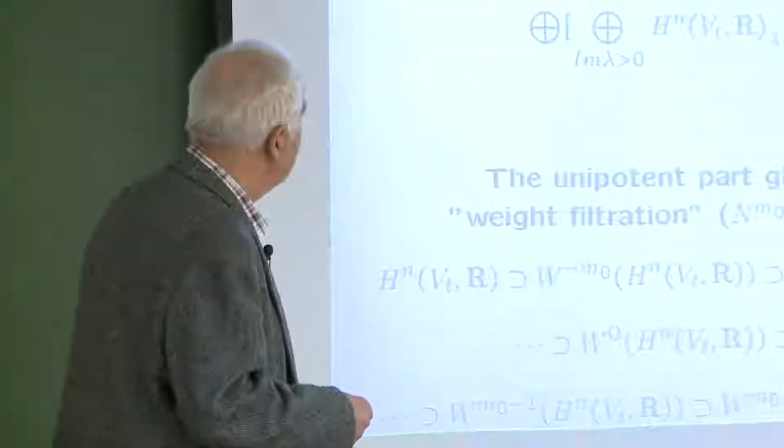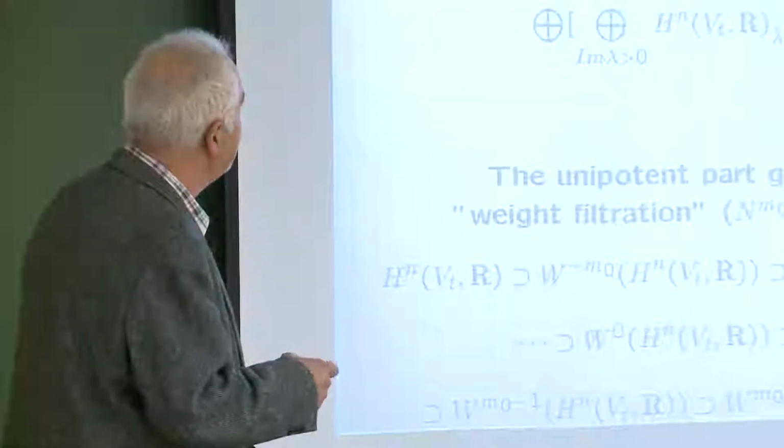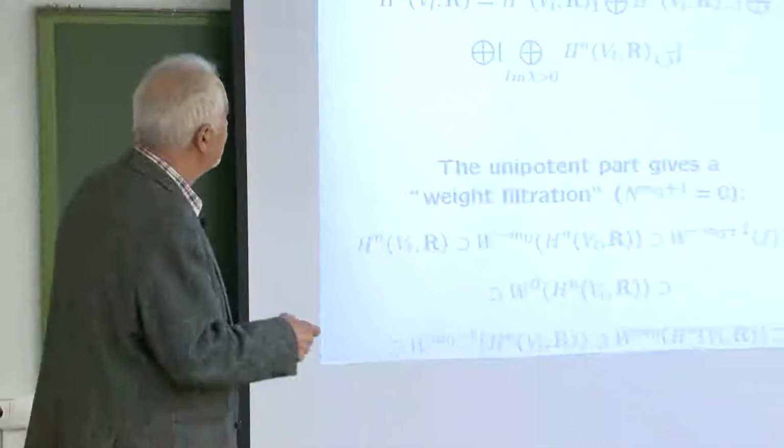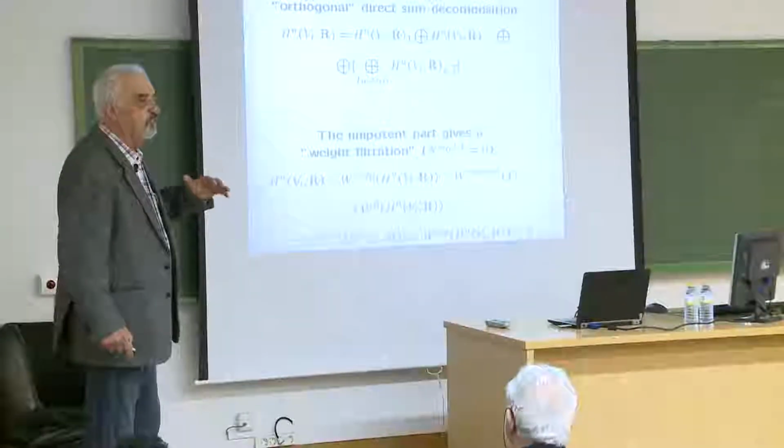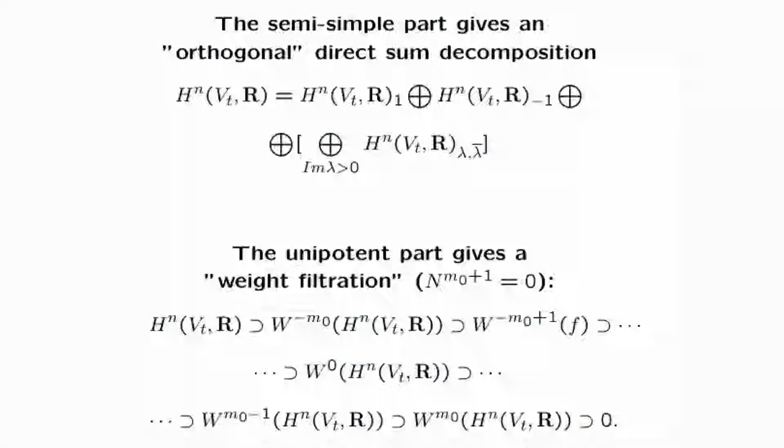And usually this comes into a family of subspaces that we will see appear. So the semi-simple part gives the orthogonal direct sum decomposition. I'm using the word orthogonal because, of course, I'm going to introduce a bilinear form in a second. And so this is the one which has eigenvalue 1, eigenvalue minus 1. And here I couple together eigenvalues and its complex conjugate.